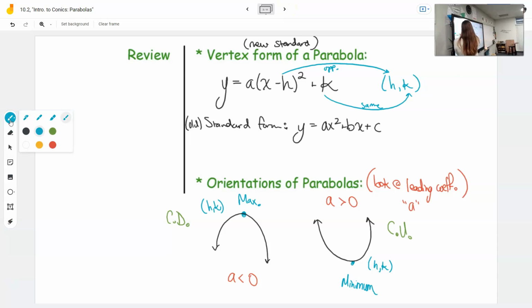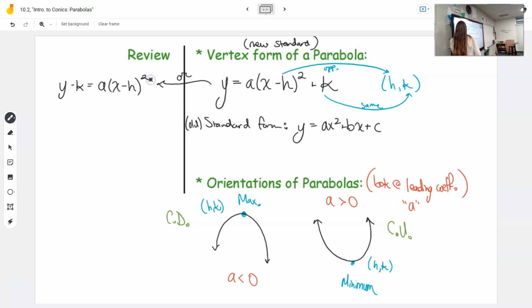Do you guys know that there's another way to write this equation back here? We could have also said, check it, y minus k. Isn't this equivalent? What do you guys think? All that's happened is what? The k was what?